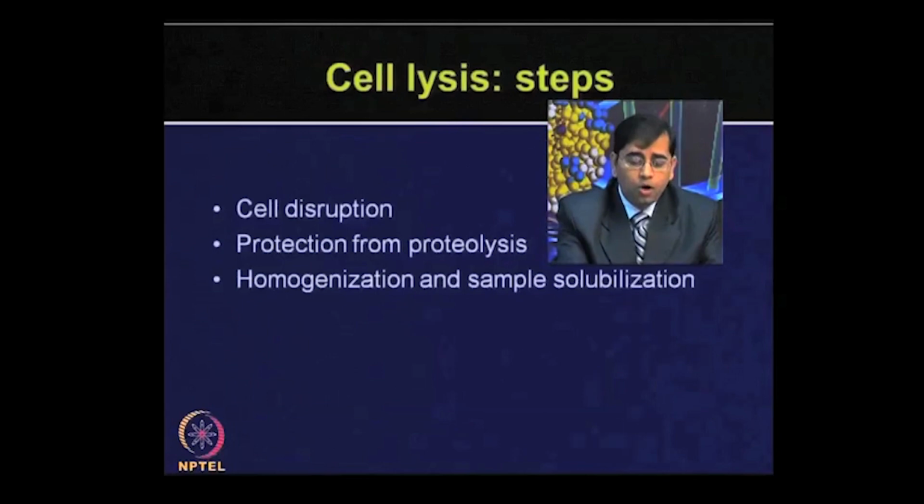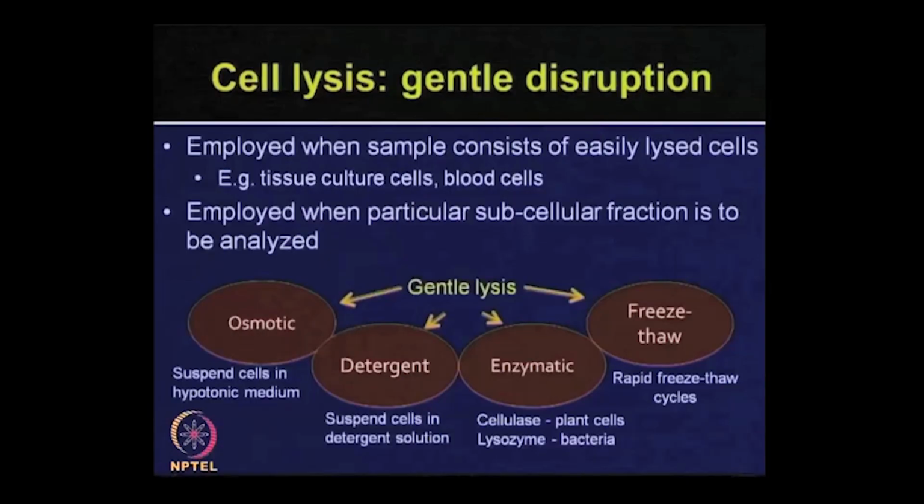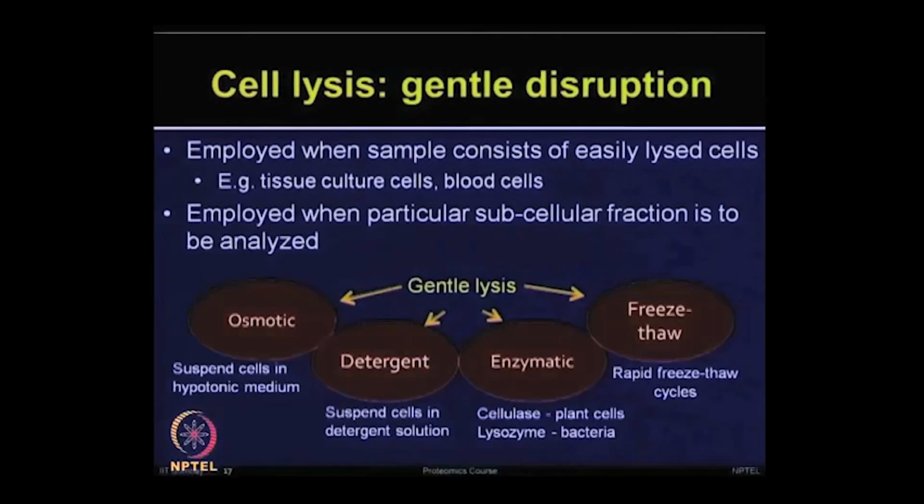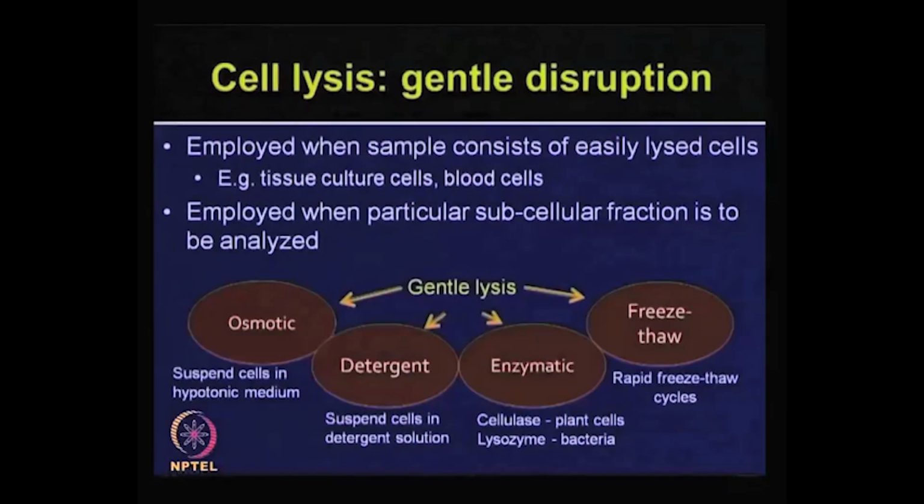I will describe all of this in more detail. Cell lysis can be performed in a gentle way or in harsh conditions, depending upon the type of cells you want to disrupt. When you are employing a gentle disruption method, you need to think that you have to break open all the cellular components.